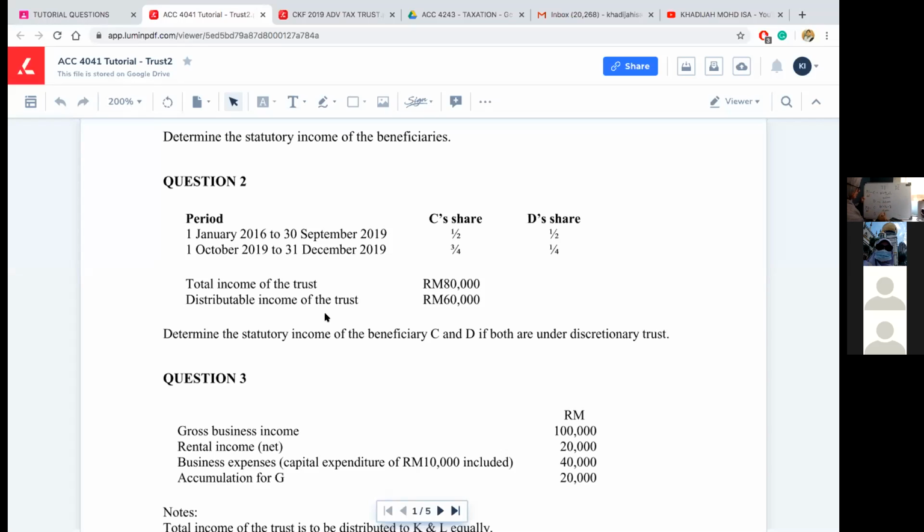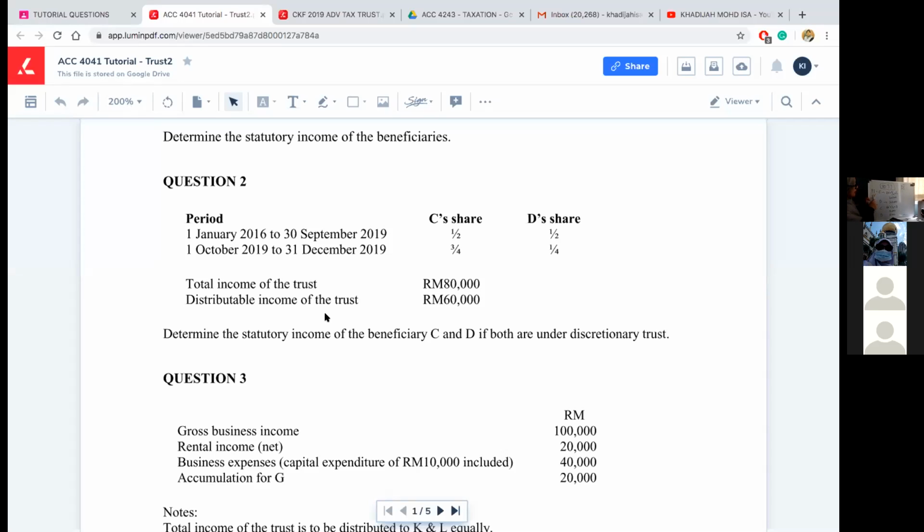Right? So D will get 5,000 here. Am I right or wrong? 80,000 times 3/12 times 0.25. 5,000. See? So from the total income of 80,000, the first period is 60,000, the second period is 20,000.